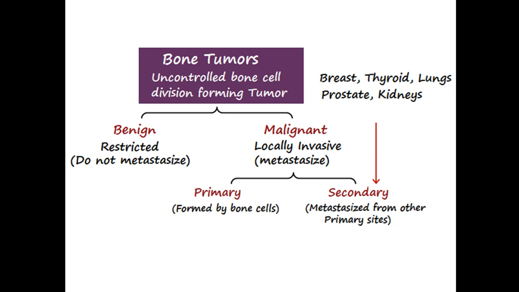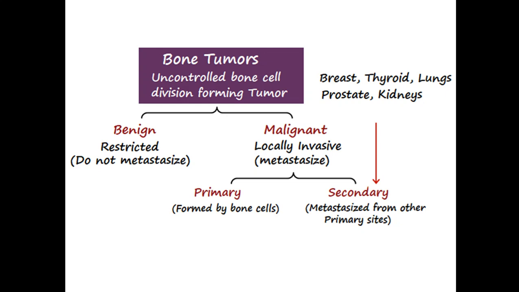The bone tumors that result from the uncontrolled bone cell division are divided into benign tumors and malignant tumors. The benign tumors, comparatively, are innocent, confined and restricted. They do not cause local invasion and they do not metastasize to the remote organs.